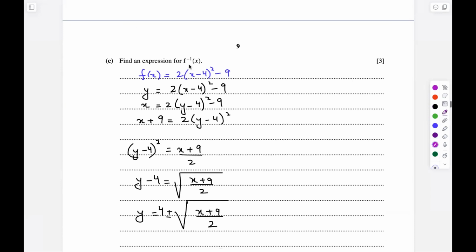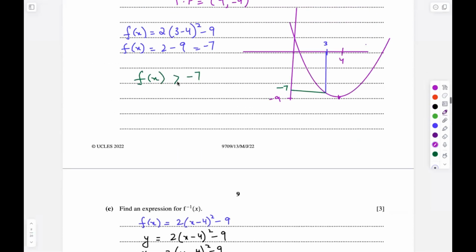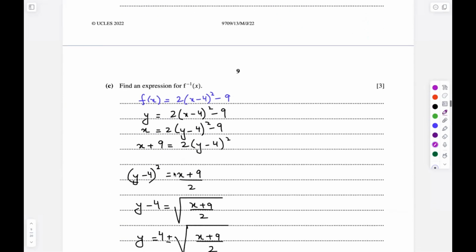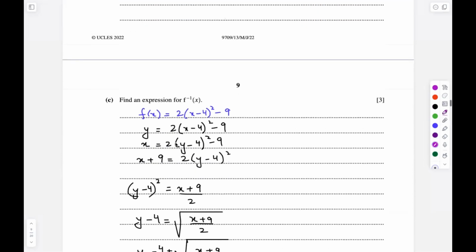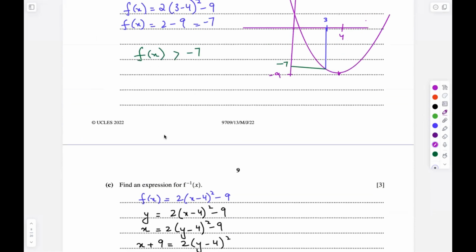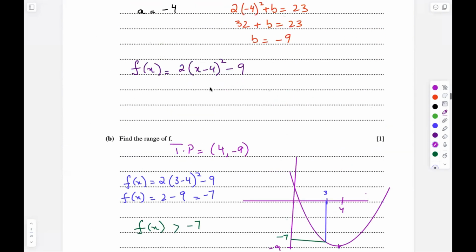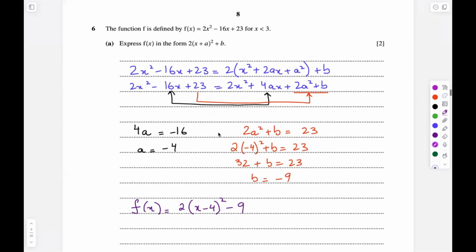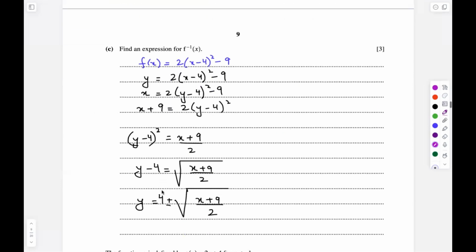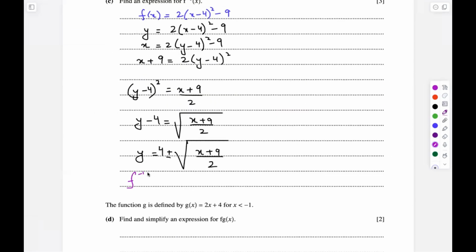Now, for f inverse to be possible, the range of f of x was greater than minus 7. As the domain of the function was less than 3, the range of f inverse, where f inverse is 4 plus minus the square root of x plus 9 upon 2, must always be less than 3.